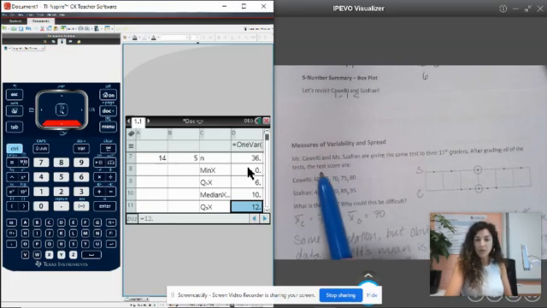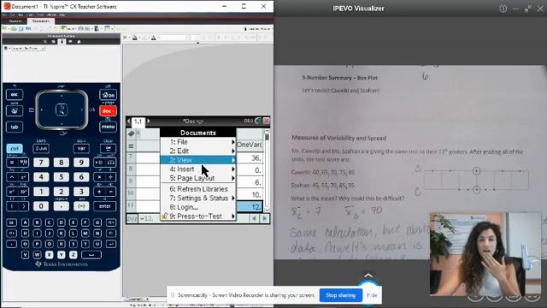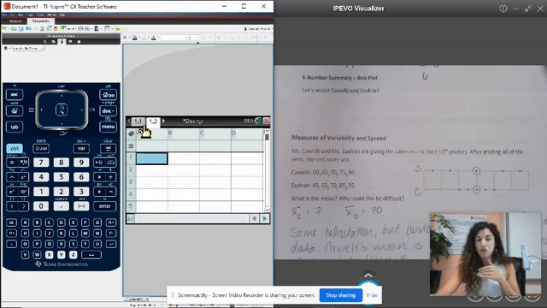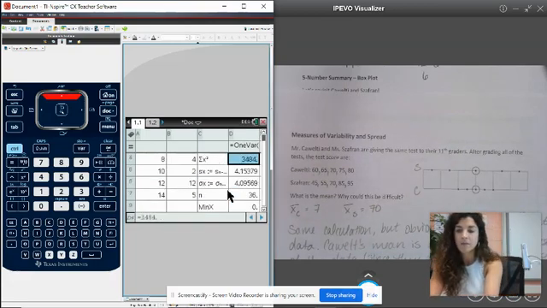I want you to put all of this into a table, including Ms. Zaffron's. If you want to go over to your calculator, if you hit doc, insert, and you want to do a second page, now you have 2 pages that you can toggle back and forth between if I wanted to do Coelty's on one and Zaffron's on the other. I'm going to go back and delete.